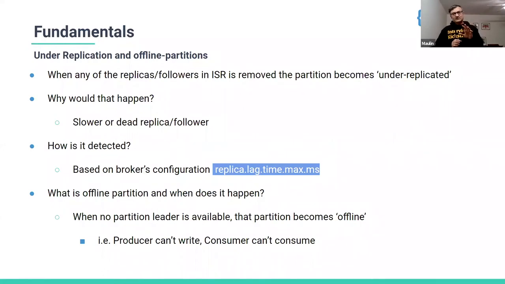In itself, it's not a fatal condition. It is natural to have these things happen all the time, depending upon your network speed and ingestion and lots of other factors. But the important part is if you keep seeing lots and lots of under-replicated partitions, you need to pay attention and try to see how to fix that. Because at some point otherwise, you may end up in a situation where out of 3 replicas in the ISR set, one by one, everyone goes down.